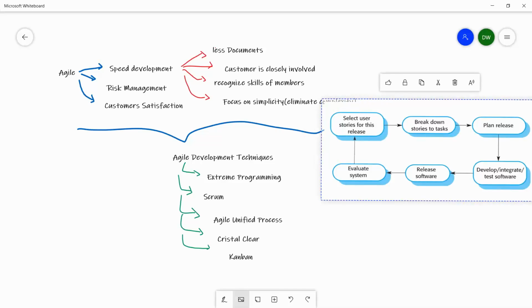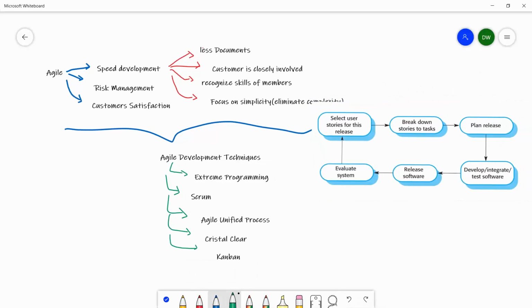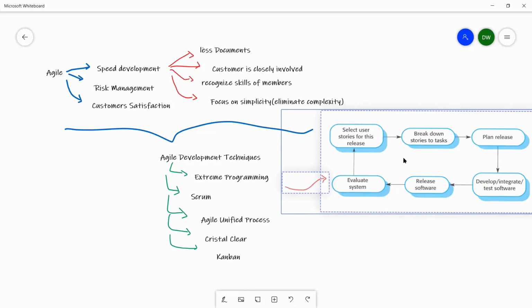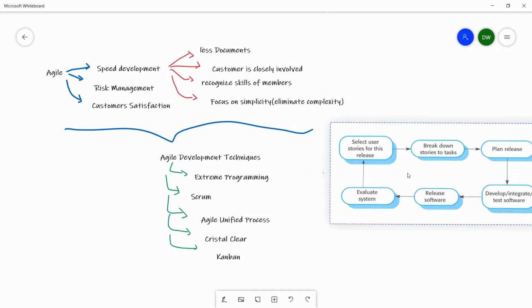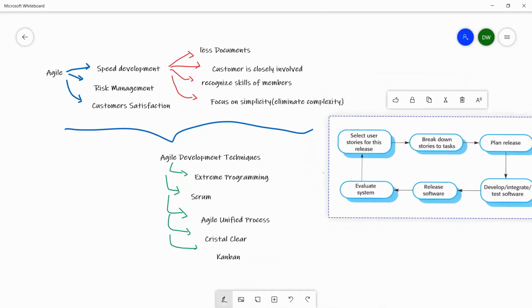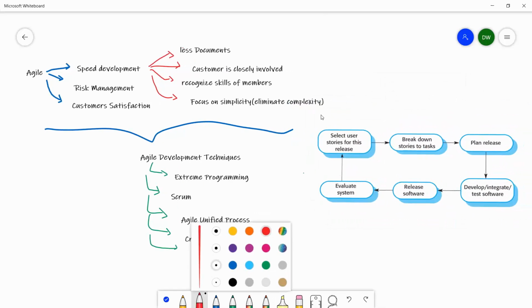So this is about the life cycle which we follow in extreme programming, right? I'll draw it here. I think it will be easy.